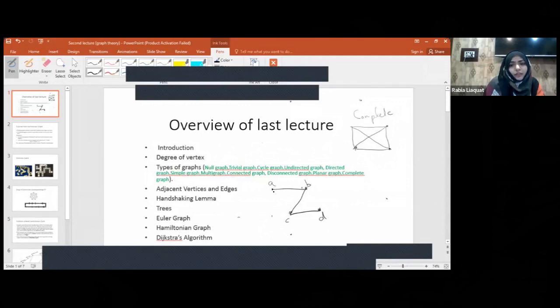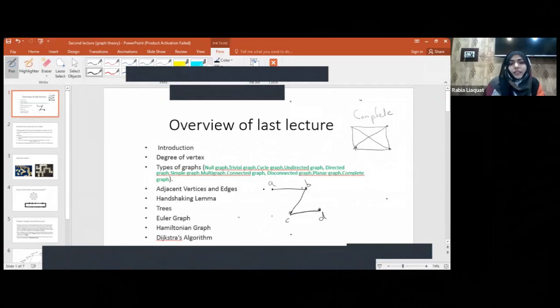Similarly, A and C are not adjacent vertices because there is no relationship between A and C, and A and D are not adjacent vertices because there is no edge between A and D. But B and C are adjacent vertices. Similarly, C and D are adjacent vertices.